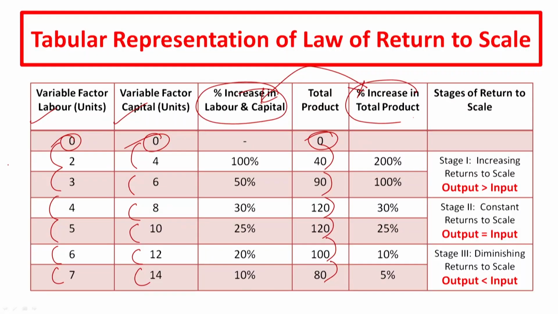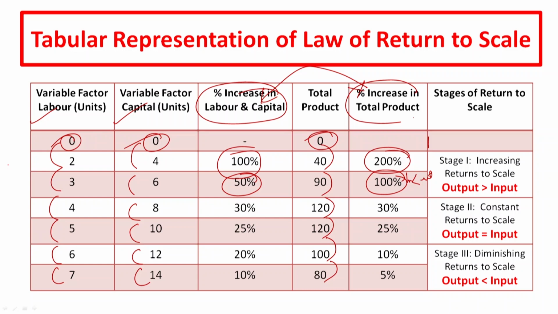So, first you are having 100% labor and capital, giving you 200% of output. Then 50% of labor and capital, giving you 100% of output. That means your input is less than your output.